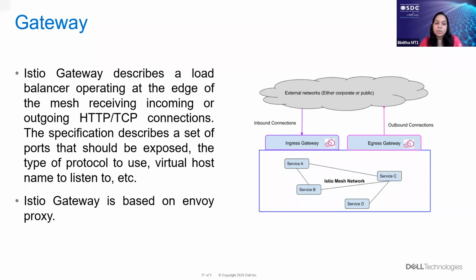It also gives specifications, like describing a set of ports that should be exposed, the type of protocols to use, whether it is HTTP, TCP, or WebSocket, then the virtual host name to listen to, etc. Whenever we talk about a gateway or any sort of proxy, it's always the Envoy proxy in Istio's case. Once traffic has reached your ingress and egress gateway, it will go to your Istio service mesh network, like the picture shown here.